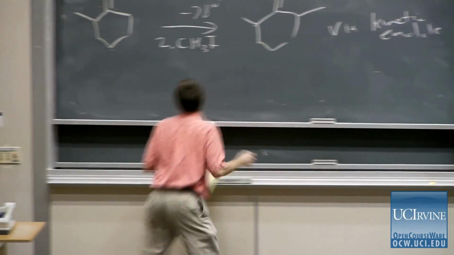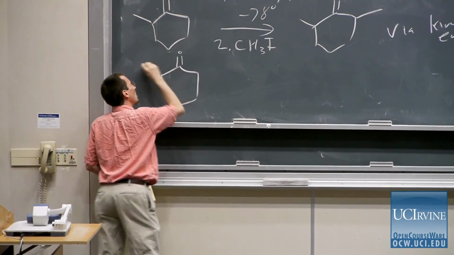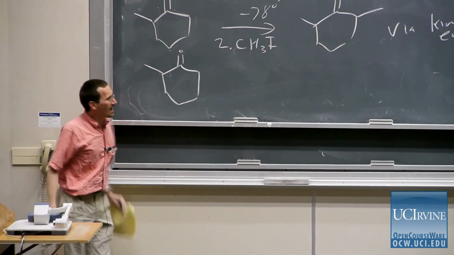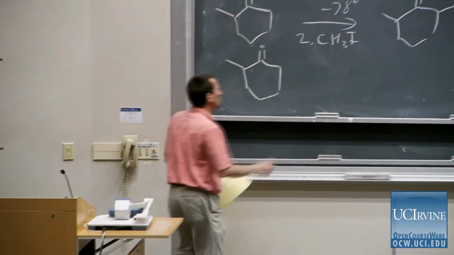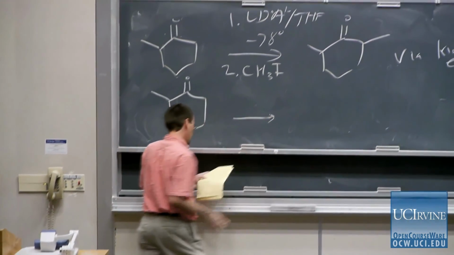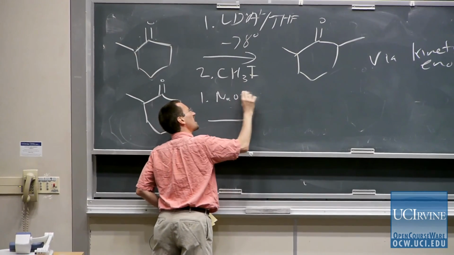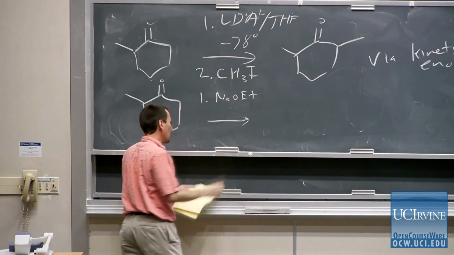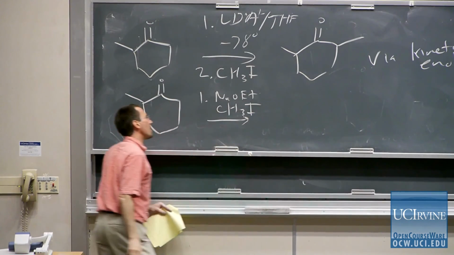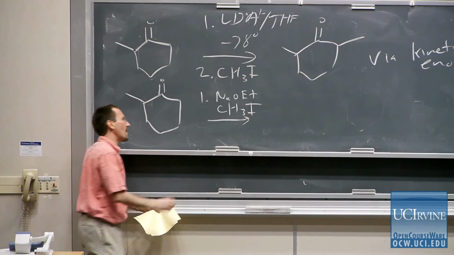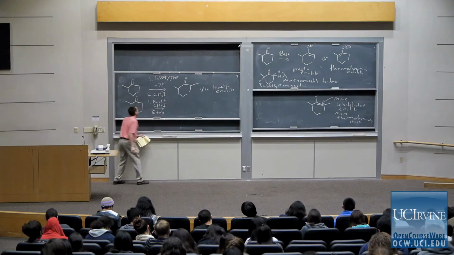Borrowing an example from your textbook, which if you want to ask questions about after class, I will tell you some of the subtleties of. But if you treat with a weaker base that can equilibrate, your textbook uses sodium ethoxide in ethanol. And basically, the way I will write this is to mix sodium ethoxide, methyl iodide in ethanol.